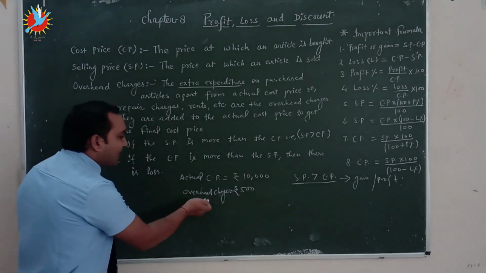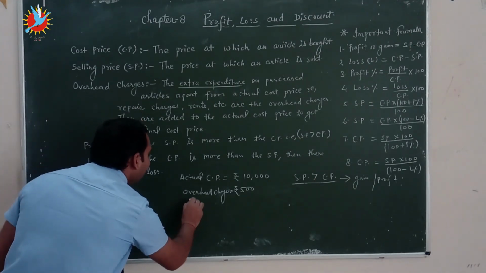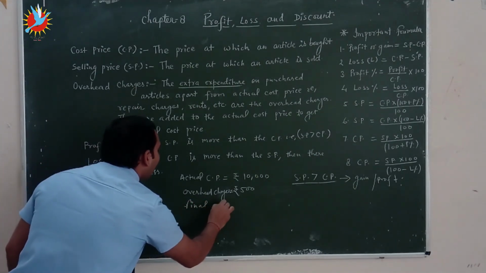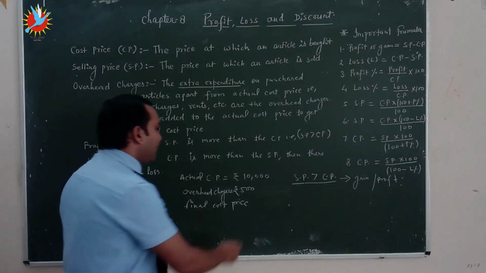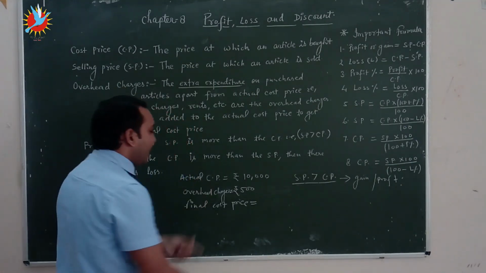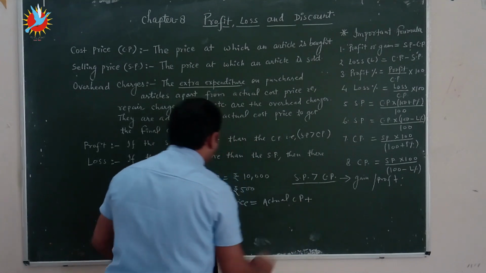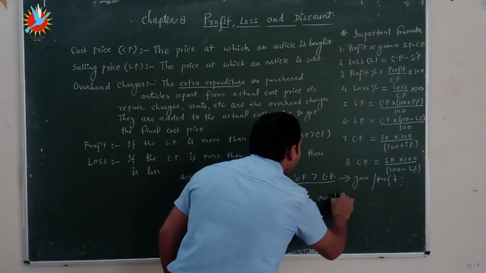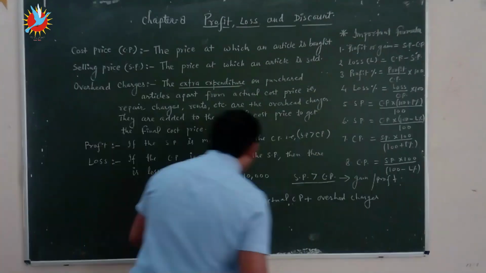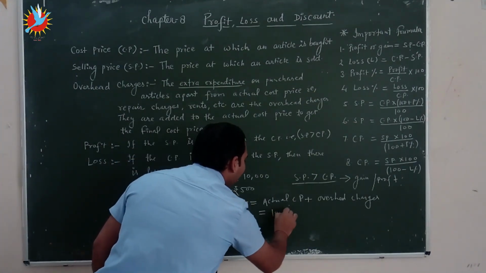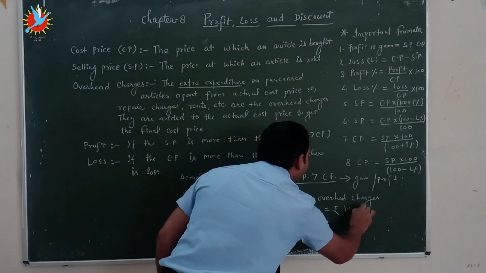This overhead charge plus the actual cost price is called the final cost price. The final cost price is equal to actual CP plus overhead charge. So this is 10,000 plus 500, which is equal to 10,500 rupees.